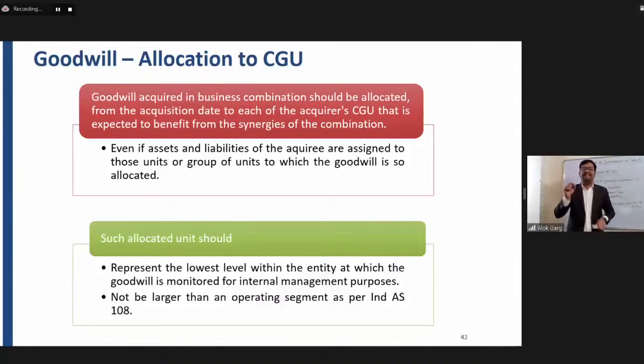So first of all, goodwill has to be allocated to those cash generating units which are expecting to get the benefit of the acquisition. Second, goodwill has to be allocated at the lowest level at which the entity is monitoring the cash flow. Third, the CGU on which the goodwill is allocated should not be larger than the operating segment, the reporting segment as per Ind AS 108.